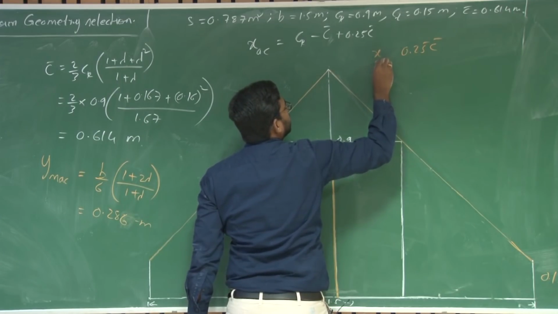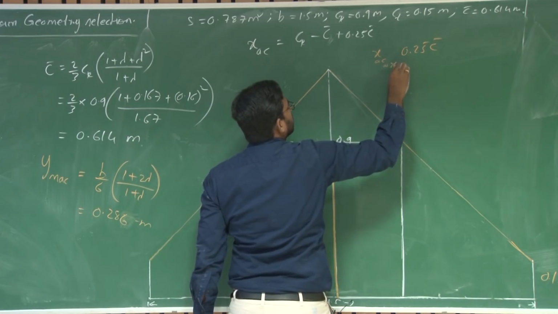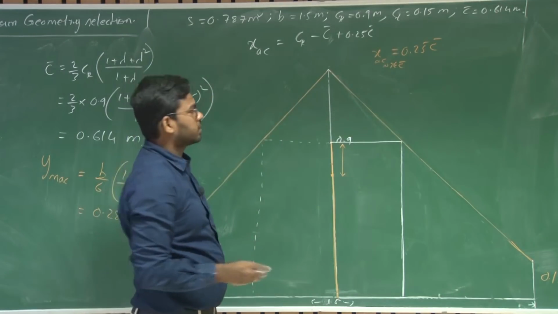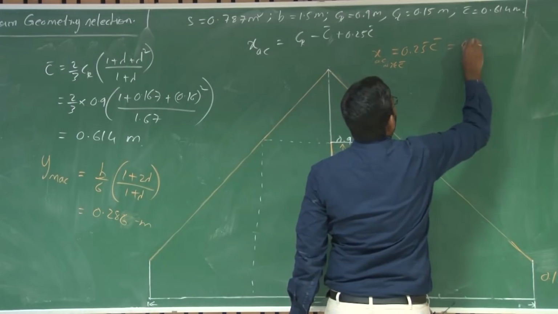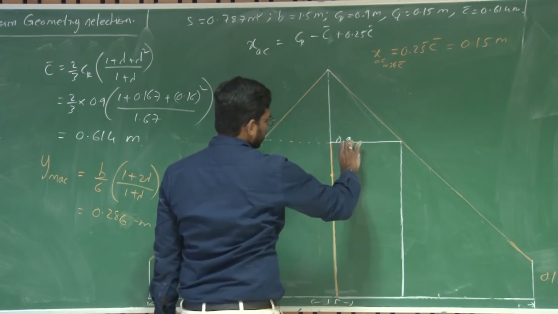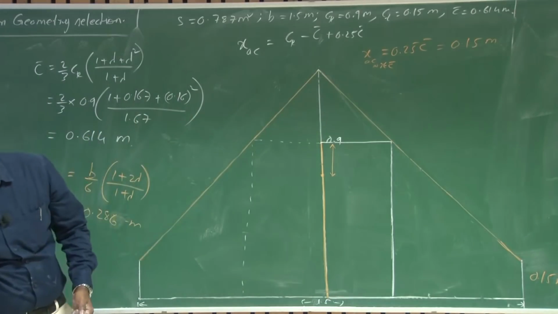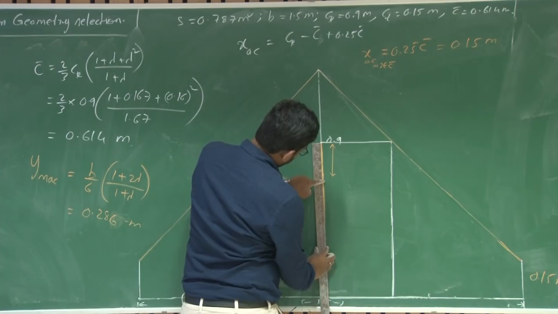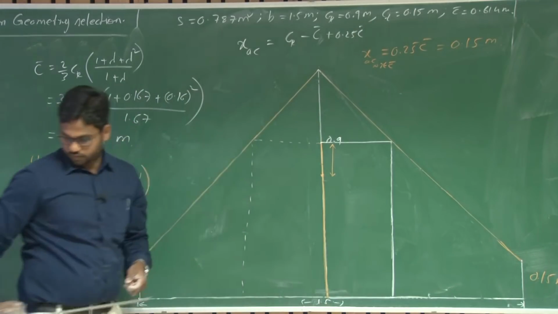So, what is 0.25 C bar of this? X AC with respect to the C bar is, the leading edge of the C bar is at 0.15 meters, that is 15 centimeters from here, a bit down here it should be.